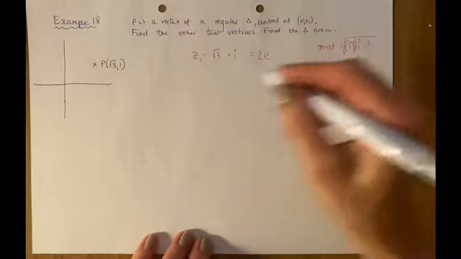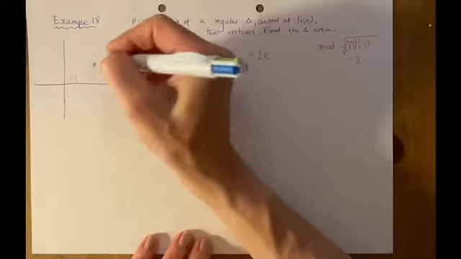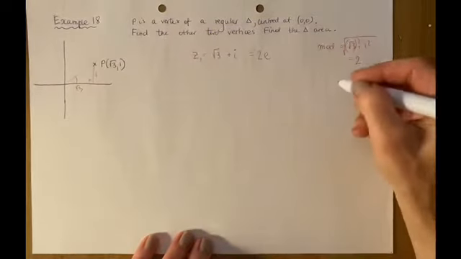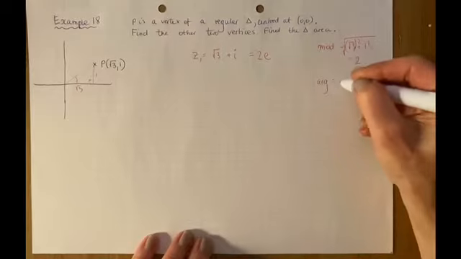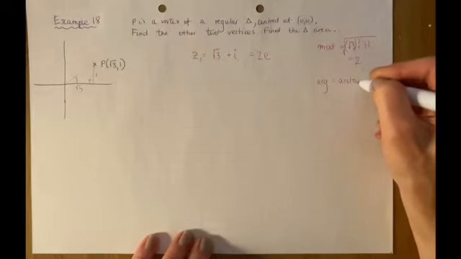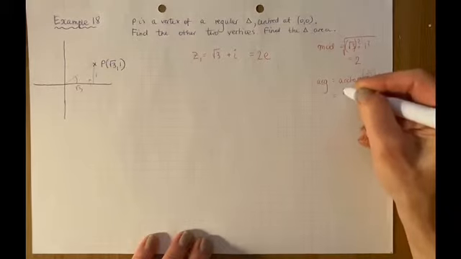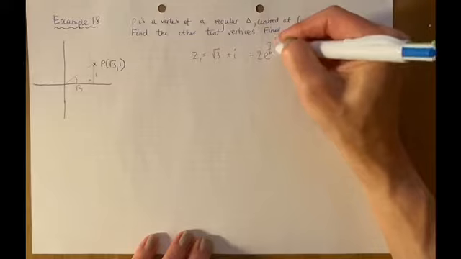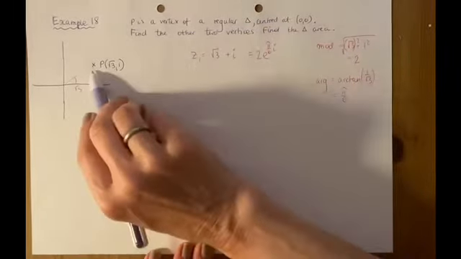And the argument over here, let's just do that quickly: that's going to be root 3 over here, 1 over here, so it's going to be arctan of 1 over root 3, which gives me pi over 6. So this is my complex number, one of the roots.